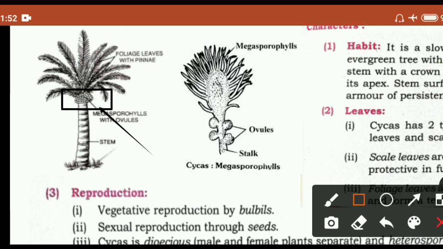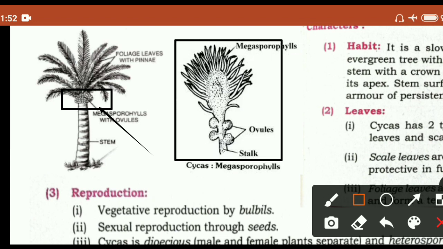So there are hundreds of megasporophylls on one single female plant. So here is one single megasporophyll out of that bunch. Okay, so this is how one single megasporophyll looks.